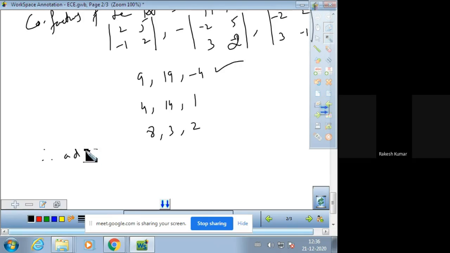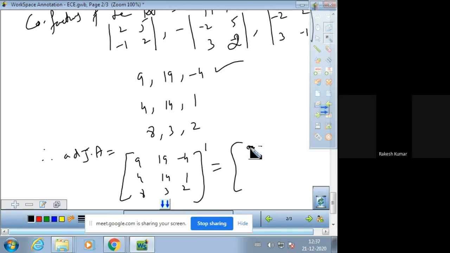Now you can find the adjoint of the matrix. Adjoint means the first cofactors will be written first. So the adjoint will be 9, 19, minus 4, 4, 14, 1, 8, 3, 2, by taking its transpose. So 9, 4, 8, 19, 14, 3, minus 4, 1, 2.